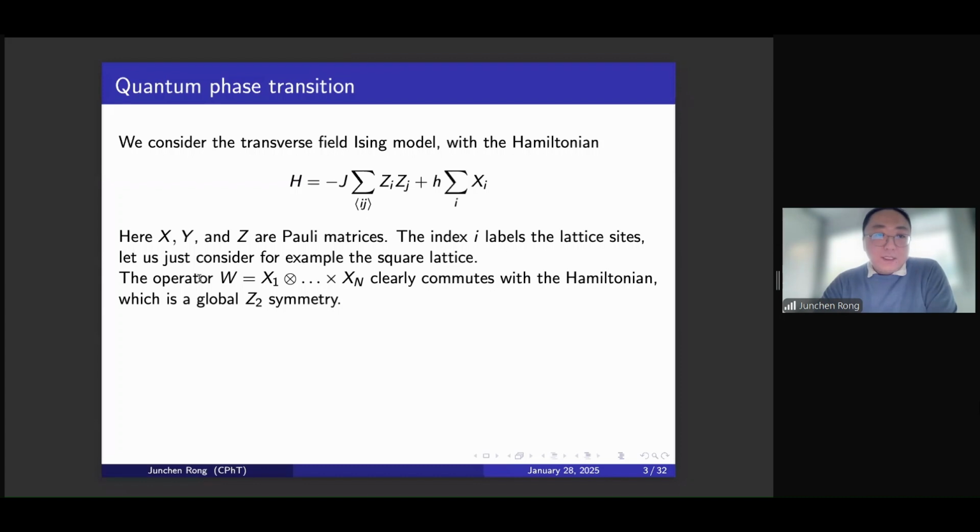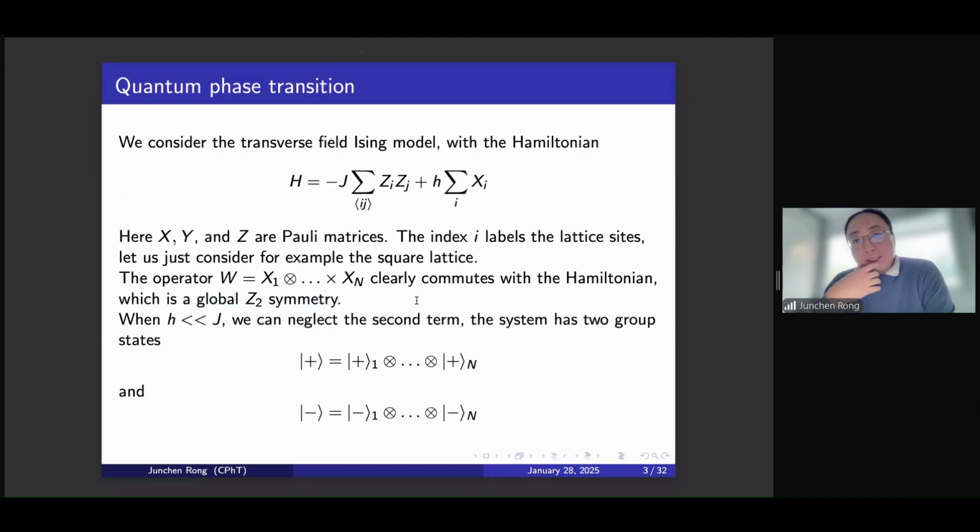But let me say that the operator which is defined by the product of X on each site, sorry, there should be a product symbol, is an operator that commutes with the Hamiltonian. This is a globally defined Z2 action, and therefore it indicates that the system has a Z2 symmetry. We can try to diagonalize it in some limit.